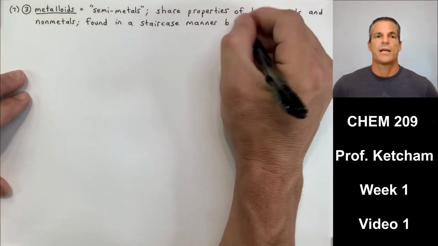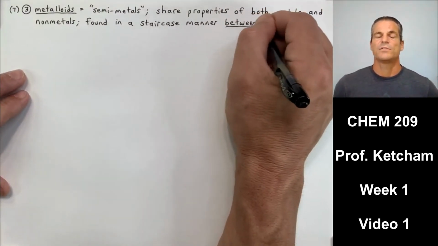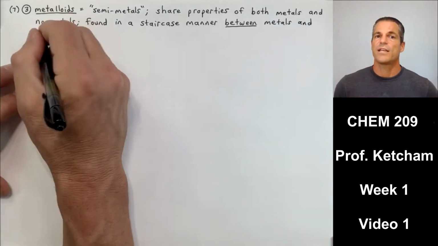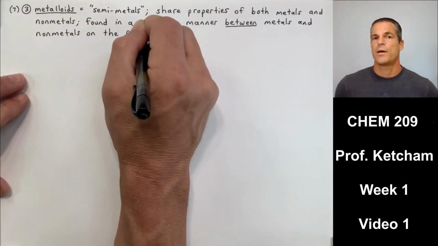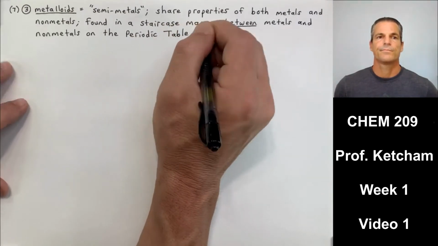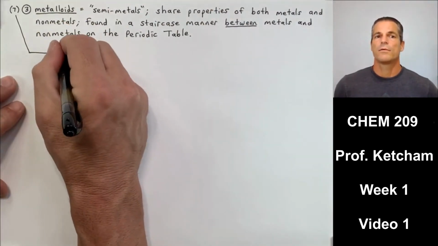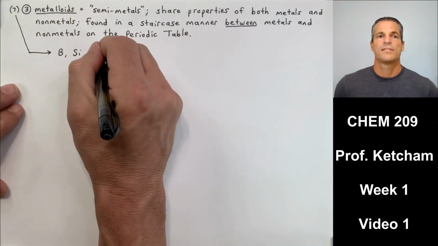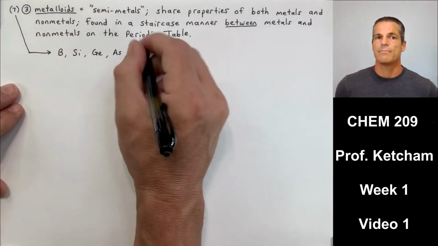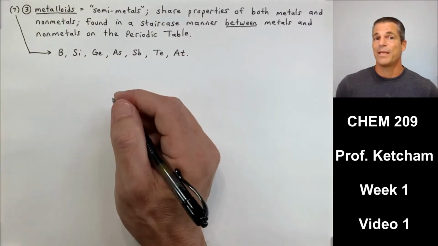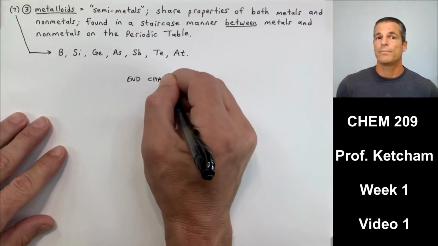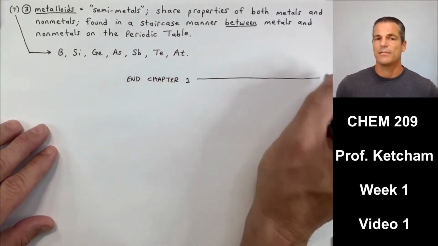As I've mentioned several times, but now we have it written down in our notes, they're found in a staircase manner between metals and nonmetals on the periodic table. The metalloids are boron, silicon, germanium, arsenic, antimony, which is Sb, Te is tellurium, and At is astatine.